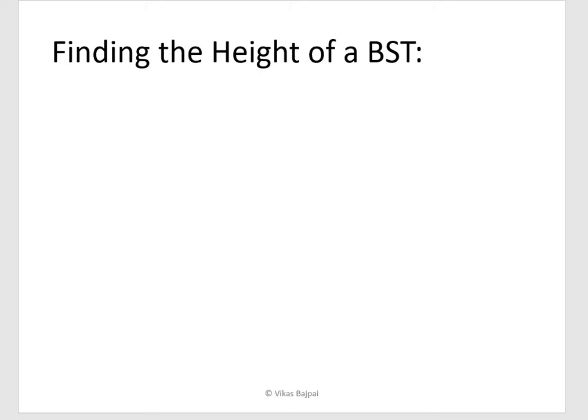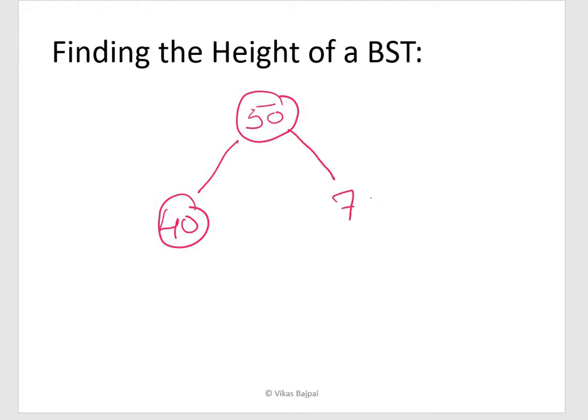what we can do is that, let's take one example where I have a binary search tree of this type, and on this side what we'll have is we'll have something greater than the values.